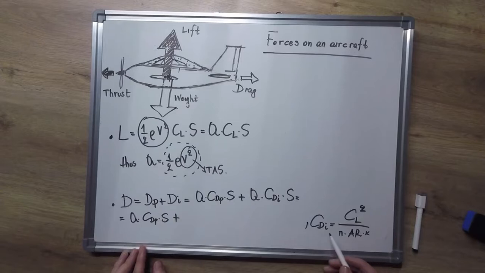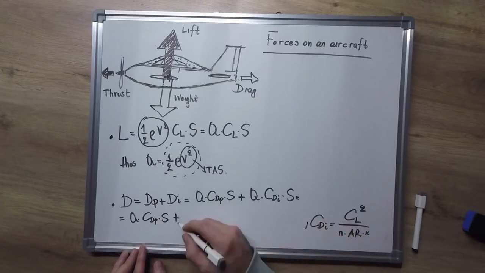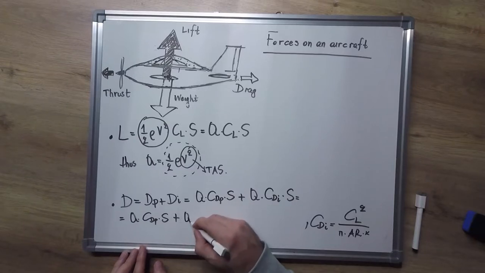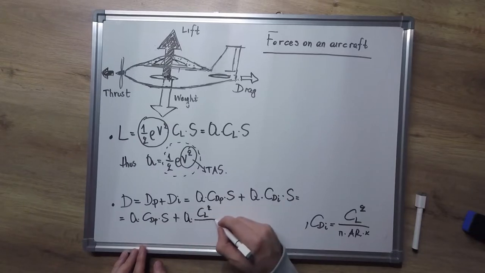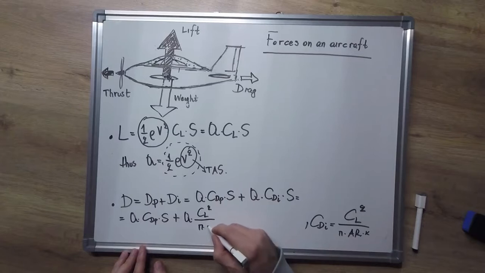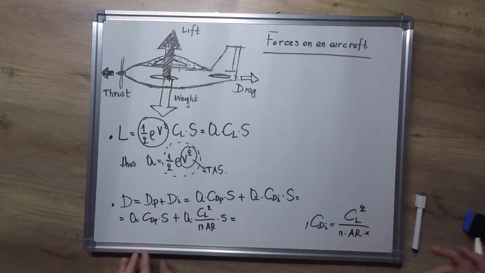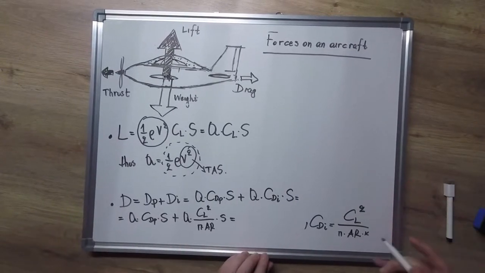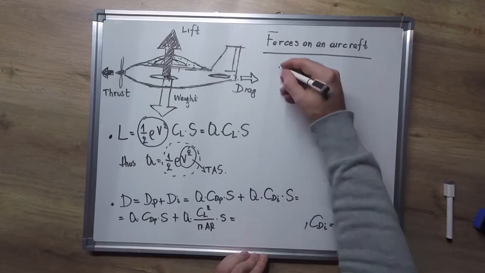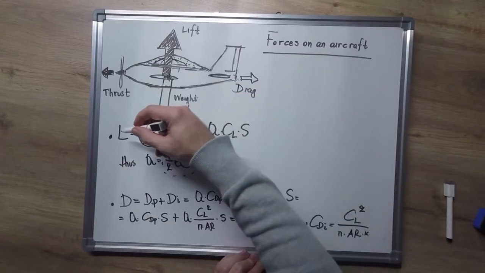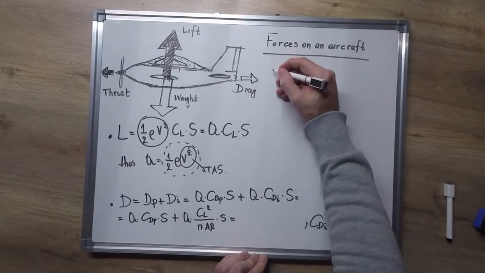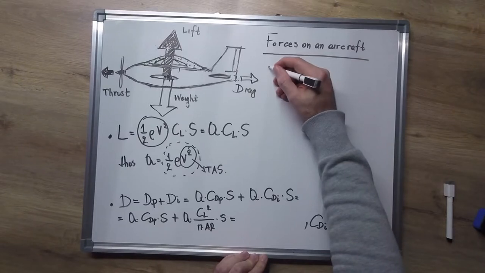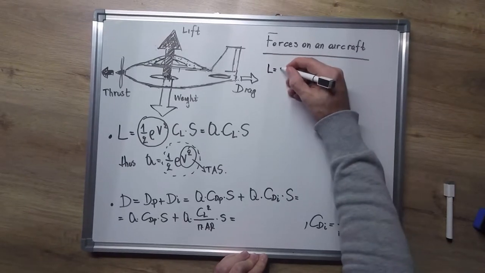So if we substitute the coefficient of induced drag here, we are going to have the next formula. And if we remember the coefficient of lift from this formula, when the aircraft flies in straight level flight, the lift is always equal to weight.